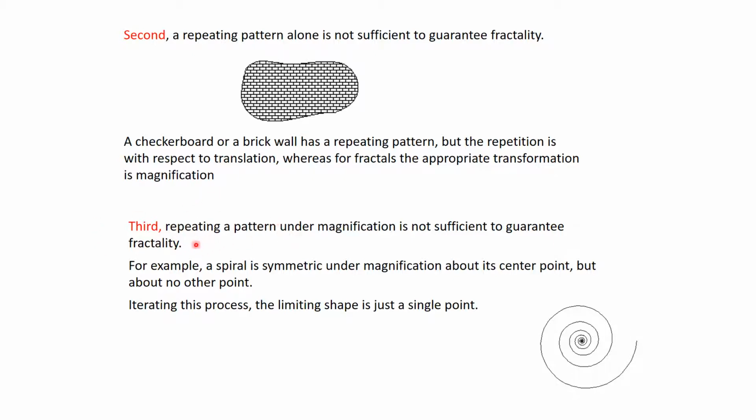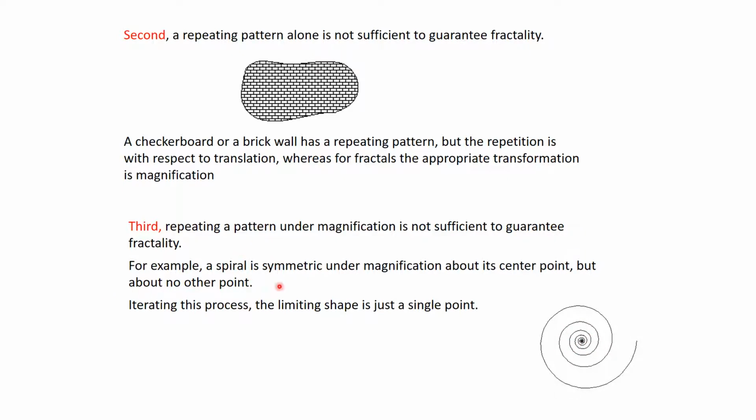Again, there you also need to be a little bit cautious. Repeating a pattern under magnification alone is also not sufficient to guarantee fractality. You should have a substructure, not only repetition. Suppose a large piece, then smaller pieces, then even smaller pieces. That makes it a fractal. In the spiral example, it goes and repeats and everywhere it looks the same, but a spiral is symmetric under magnification about the center point, but about no other point.